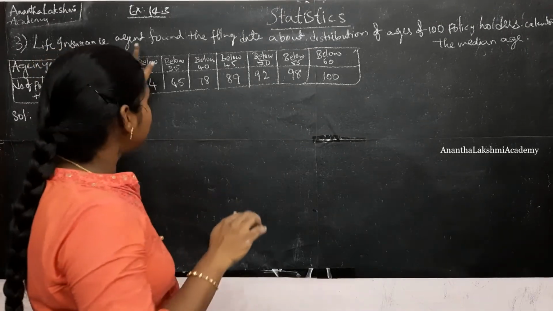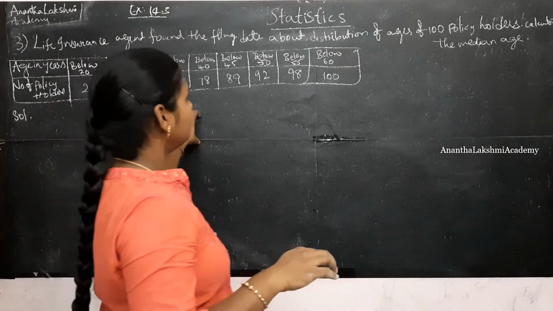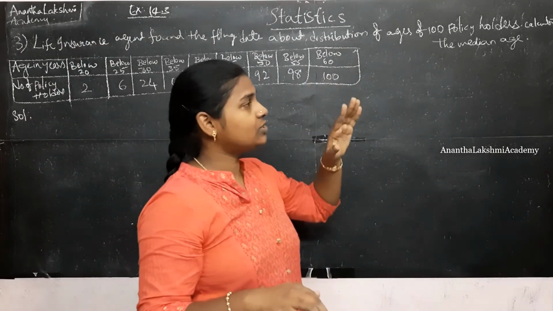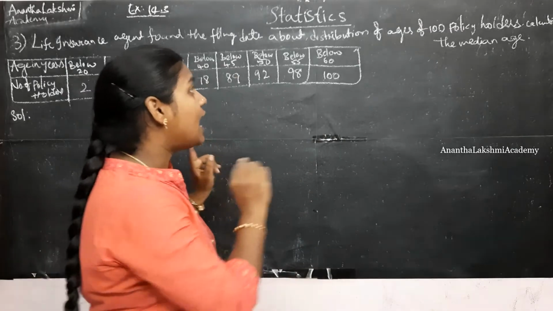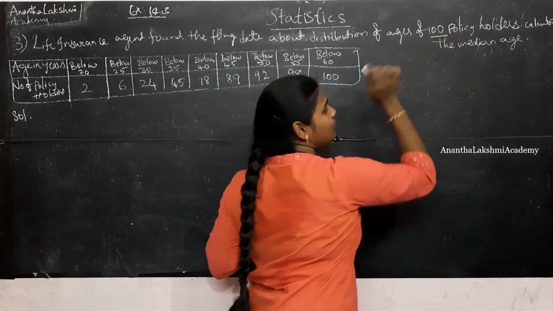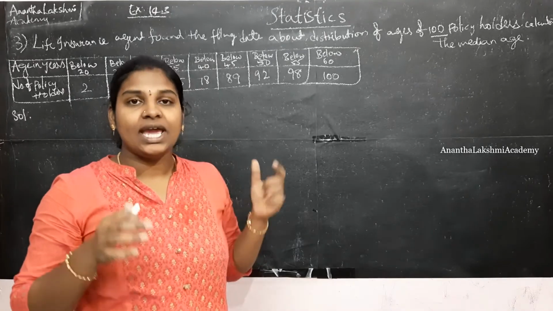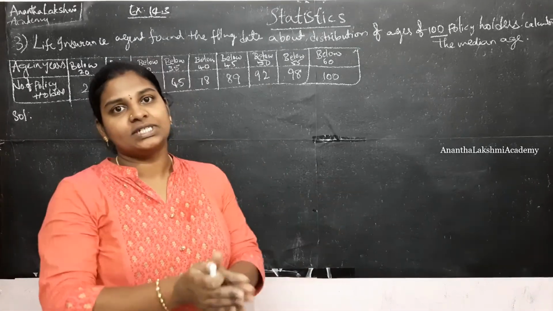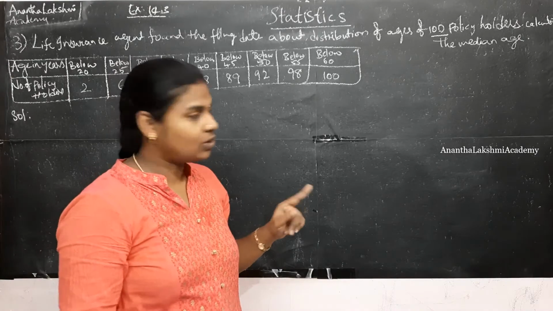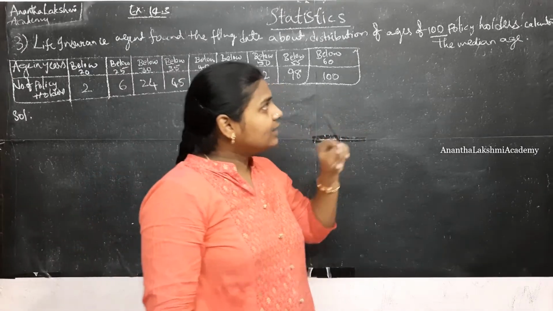A life insurance agent found the following data about the distribution of ages of 100 policy holders. When the question says 100 policy holders, it indicates that the sum of the frequencies put together will be 100. Then calculate the median age.